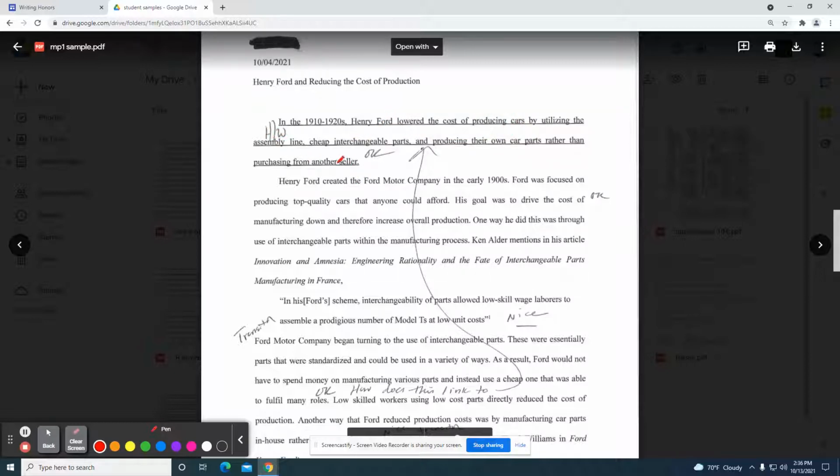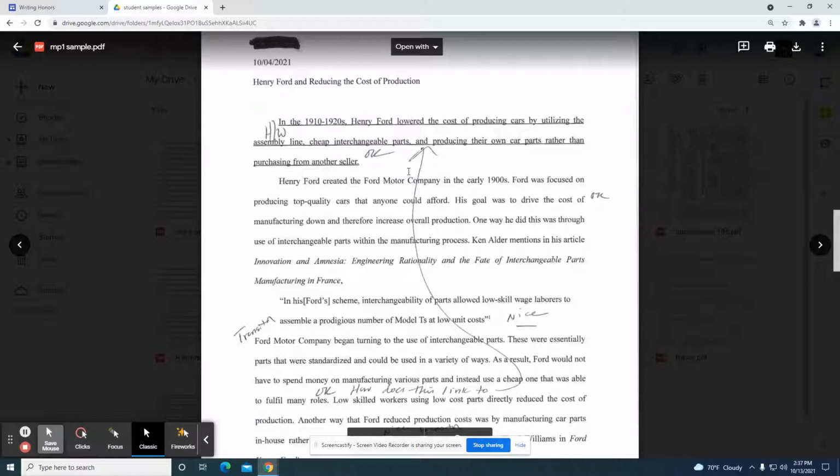Now, for this enumerated thesis, it looks like they are arguing 3 points, 2 and 3. We should use one paragraph for each. This will be paragraph 2, 3, 4, but that was not the requirement for essay number 1. We were just looking for one paragraph. So for this student's submission, they could have just focused on this section here, or this section, or this item. Seems like they've chosen to address all 3.